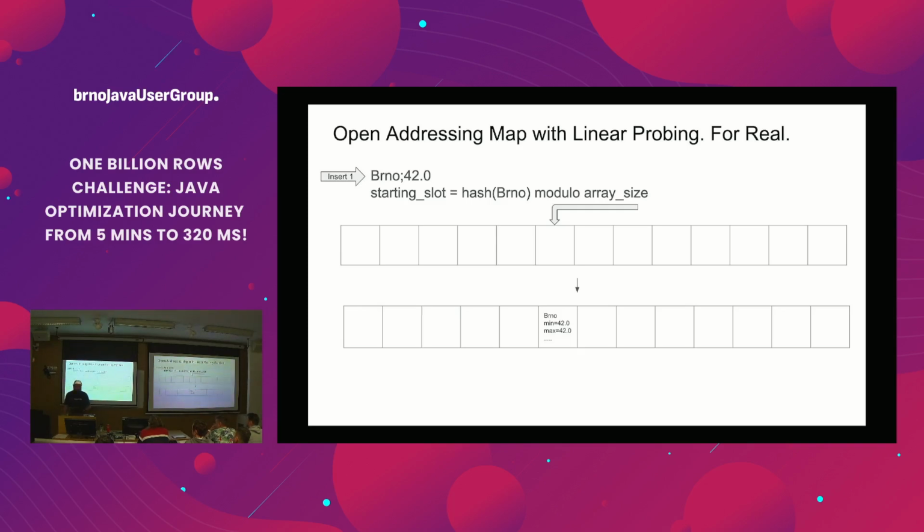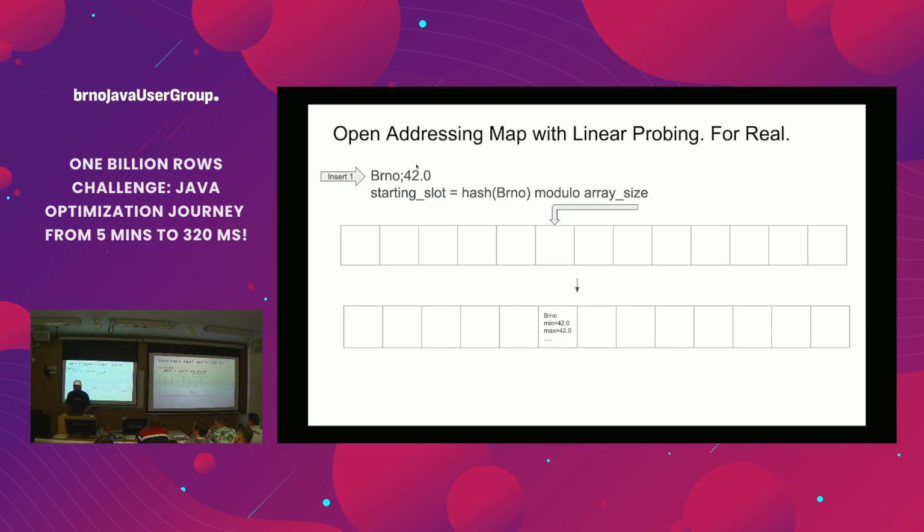I can have such a hashing function, and I do modulo the slot count, the array size. So the output will be some number which I can address in that array, because if I have 10 entries and whatever the hash is, I do modulo 10 and I will get a number between 0 and 9, easy. So that's where I start, and from now on I do exactly the same thing as before.